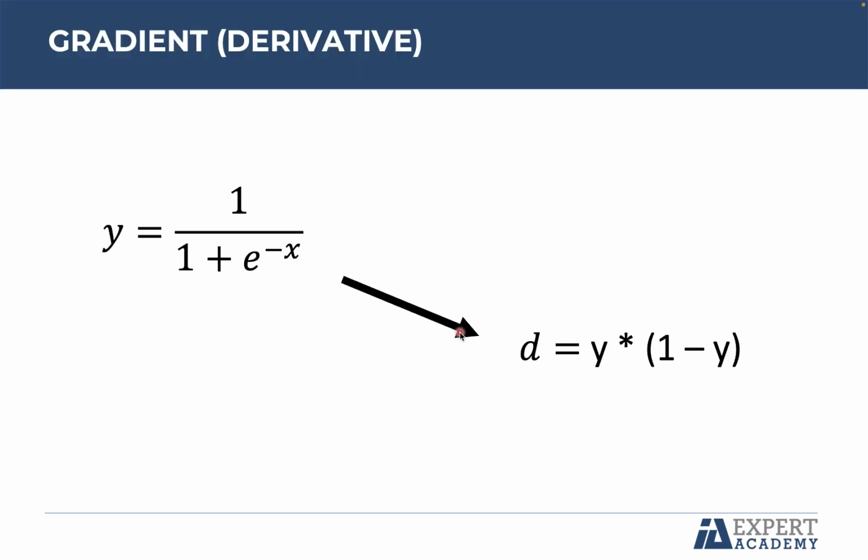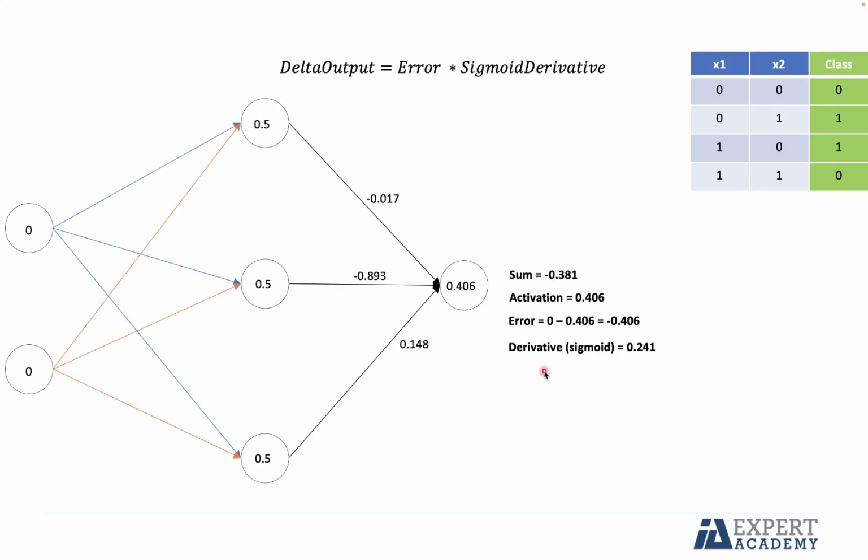Just a reminder that this equation is being applied. Now we can calculate the delta output, error times the derivative. The result is minus 0.098 for the first row of the dataset.